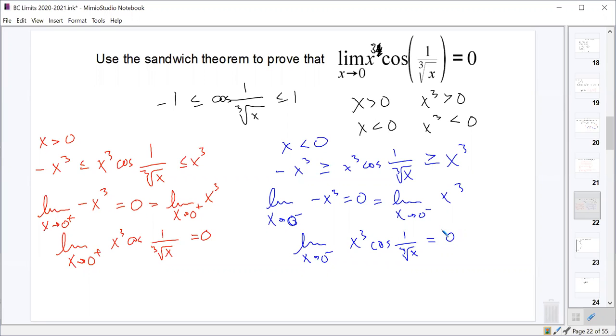And so what? Since the left-hand limit and the right-hand limit are equal, that tells us that the two-sided limit must exist and it must have the same value. Good or no? Great, wonderful. Nobody's got any issues, complaints, questions, problems, anything?